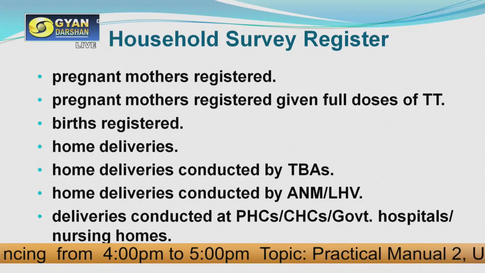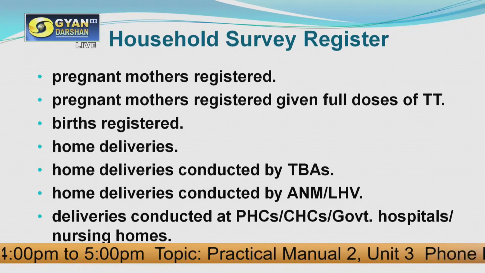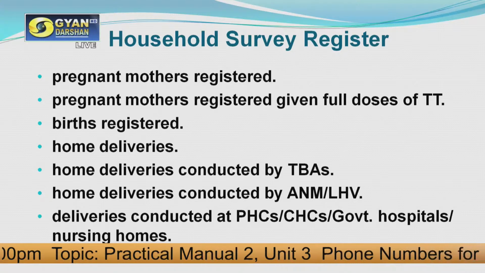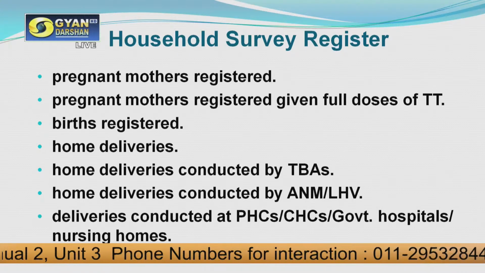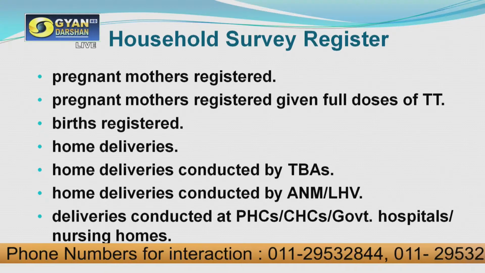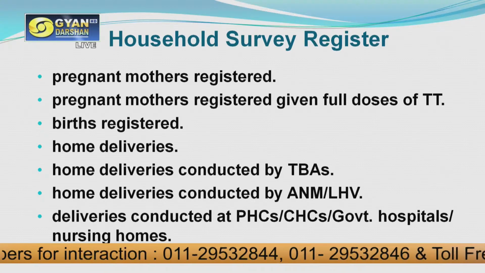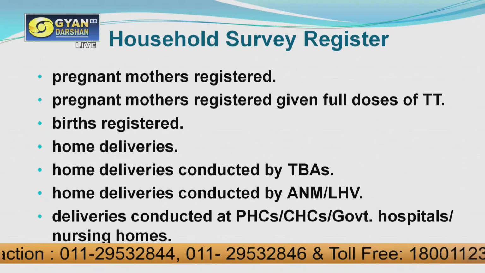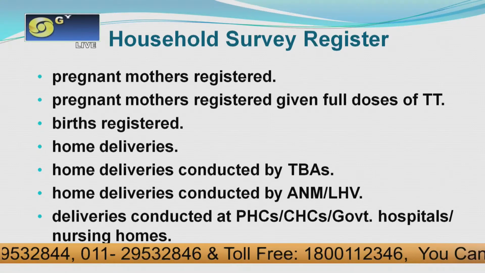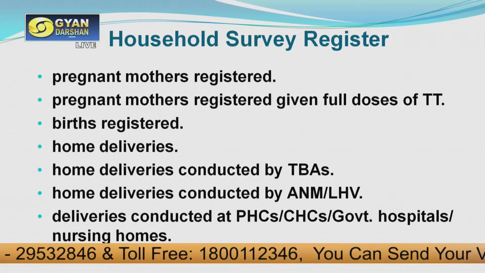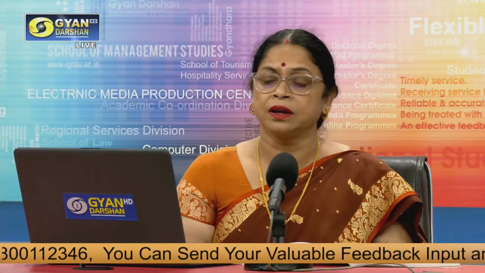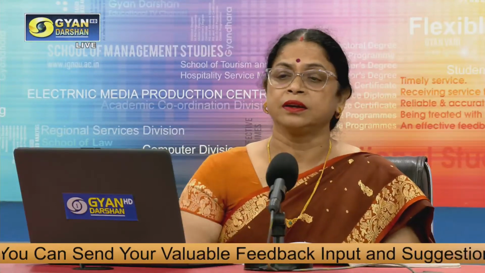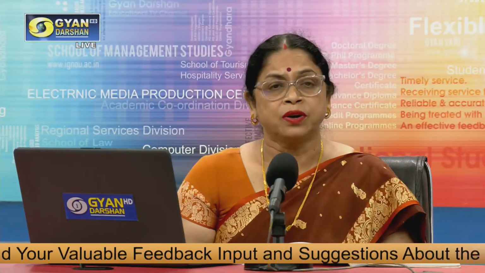Then the birth register, then home deliveries, if any took place: home deliveries conducted by TBAs or by the ANM or LHV, deliveries conducted at PHC or CHC or a government hospital or nursing home. These are the information you can collect in the household register.